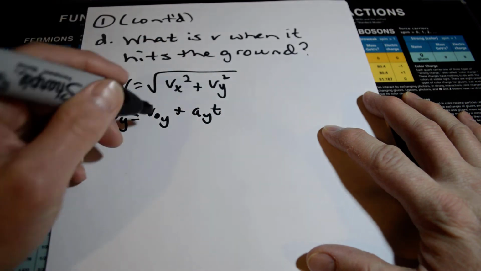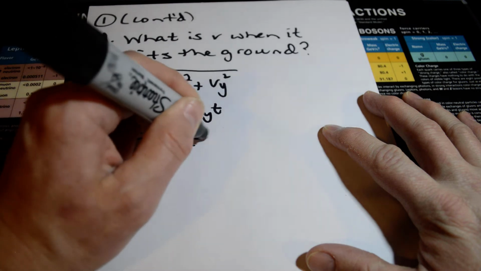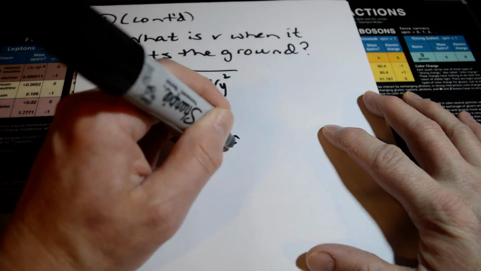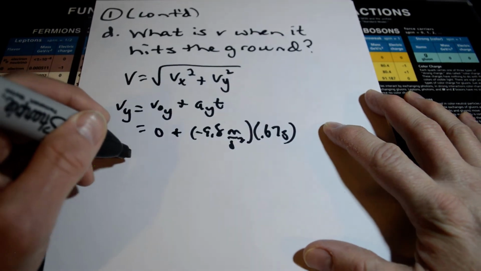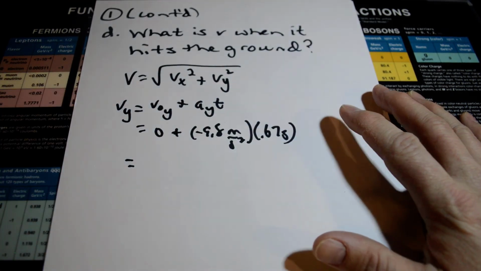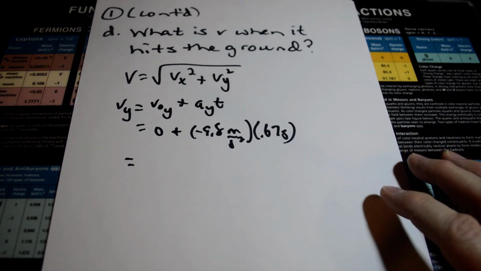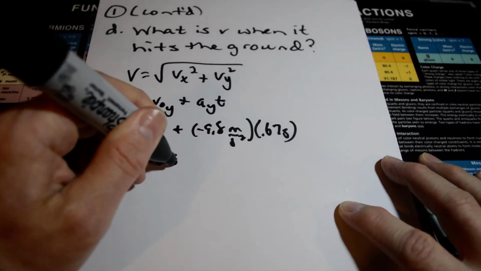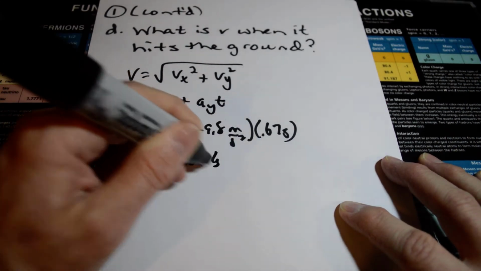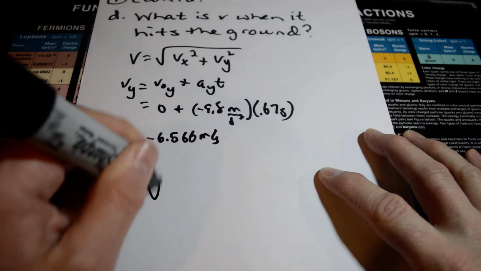So I just use v naught y plus at: 0 plus negative 9.8, and we now know the time in the air is 0.67 seconds. If you do that, you get that the velocity is a little over 6, so negative 6.566 meters per second.